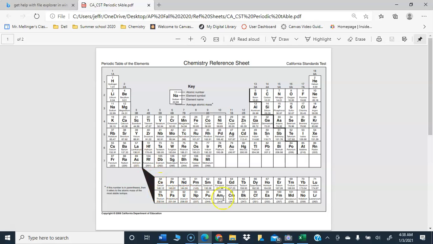And the very bottom row here is called the actinide series, because it comes after actinium right there. So you can see that heavy line right there. So that's, again, another reason why the periodic table is shaped the way it is. It tells you which parts of the periodic table correspond to which orbitals.